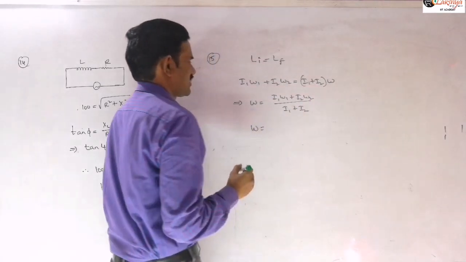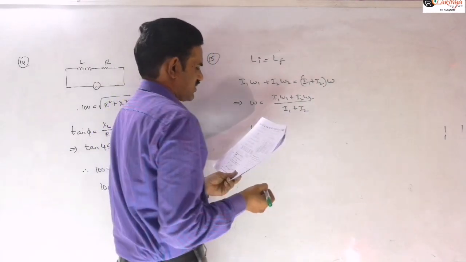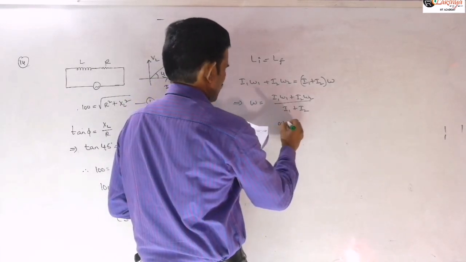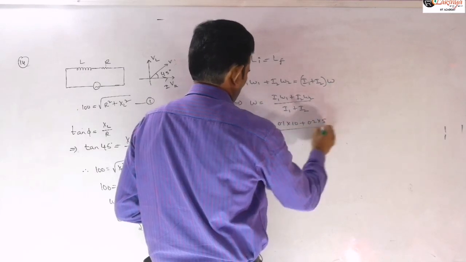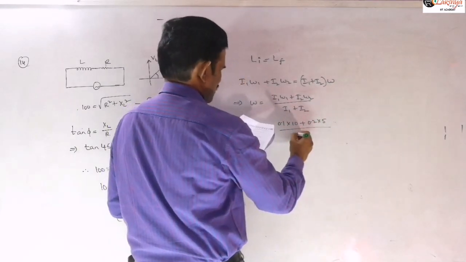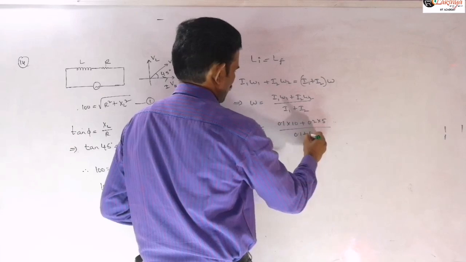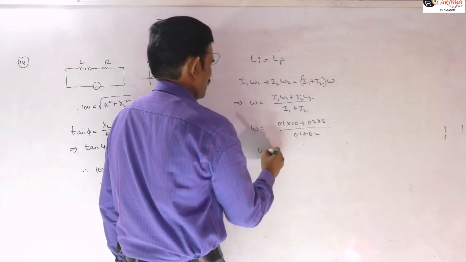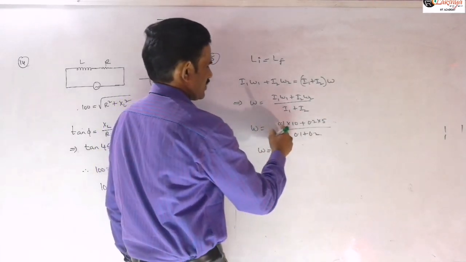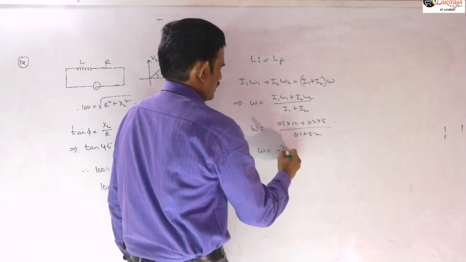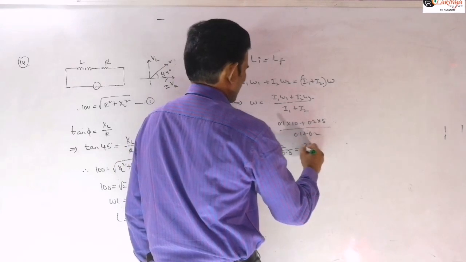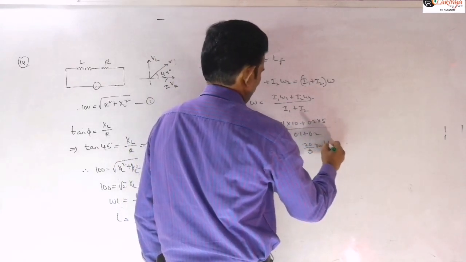You can just substitute those values: 0.1 into 10 plus 0.2 into 5, by 0.1 plus 0.2. That gives 1 plus 1, so 2 by 0.3, which is 20 by 3 radians per second.